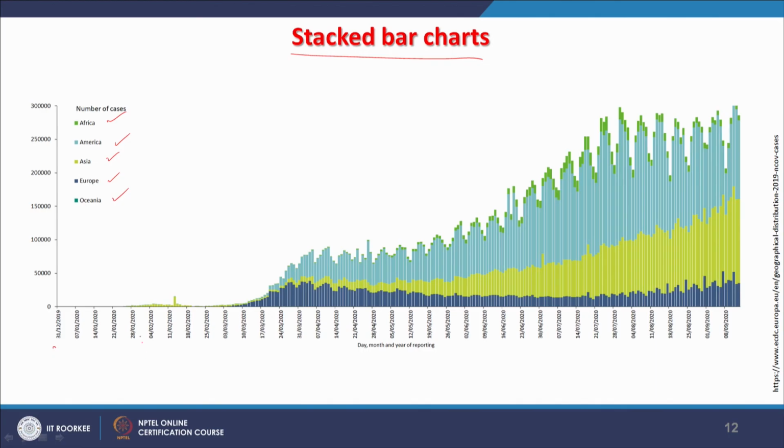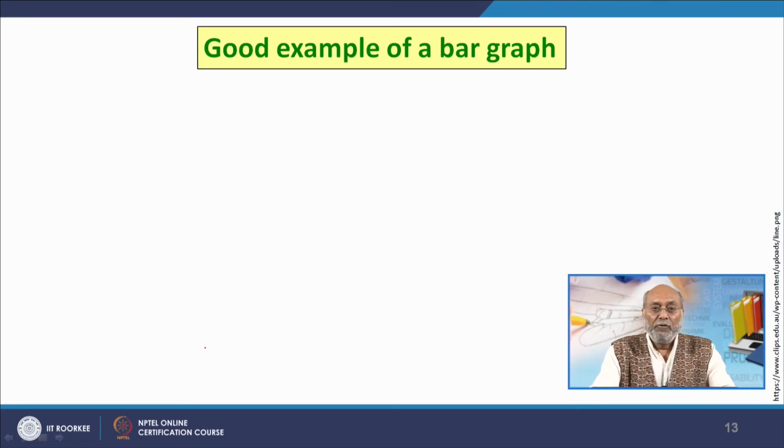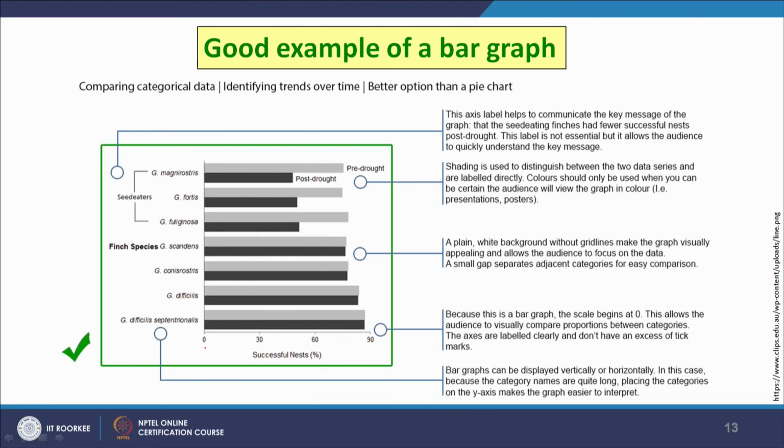Just notice it started somewhere in January 2020, and then in India or in Asia, this became very big somewhere in March 2020, which I would say was the rehearsal for the complete close-up of everything, and then we had to do that for a longer time. Anyway, this is a good example of a bar graph where the axes have been changed. So the categories are shown here, and the cases are shown here for the different regions.